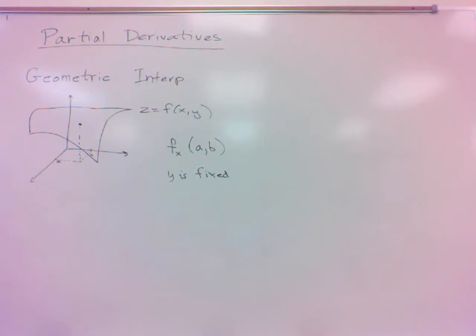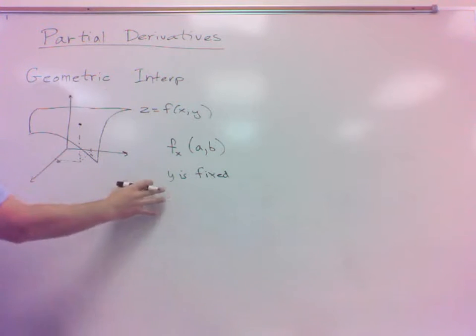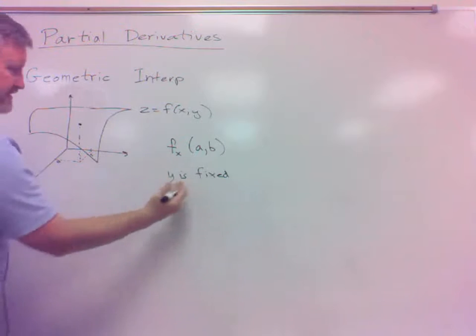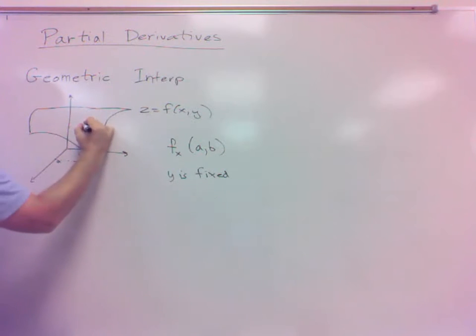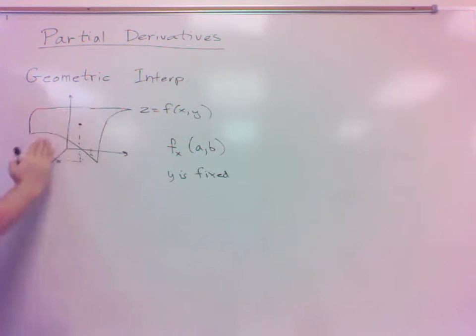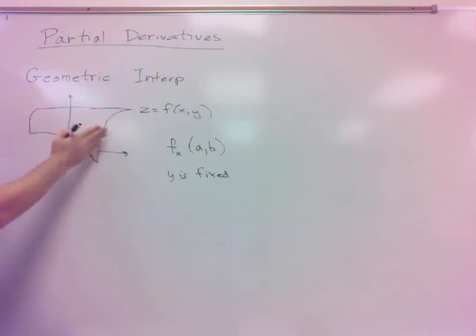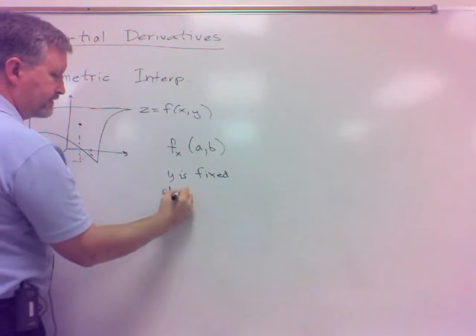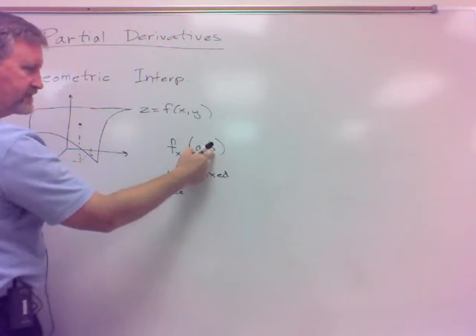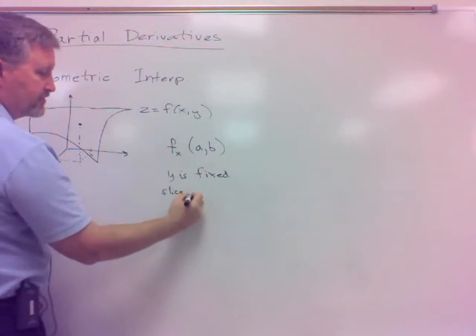One way you can think of it, if I slice the graph up here, y is fixed, so essentially what I'm doing is looking at how this would look if I sliced it along the plane y equals b, right? Because that's our y value here.